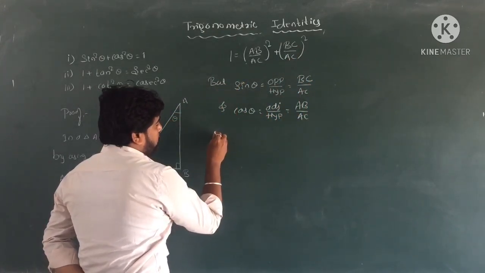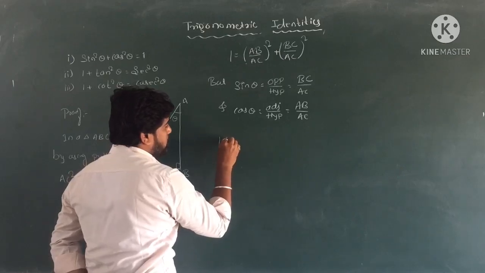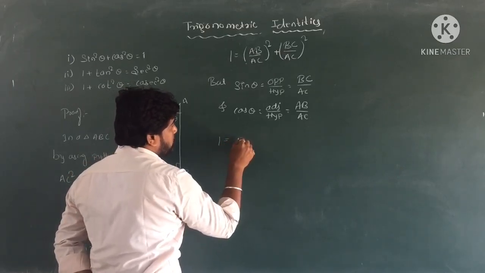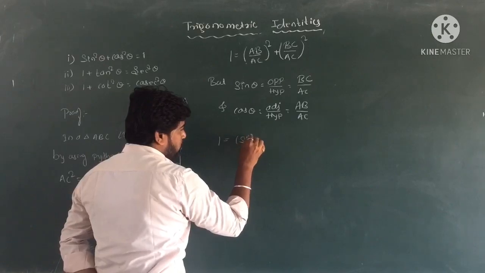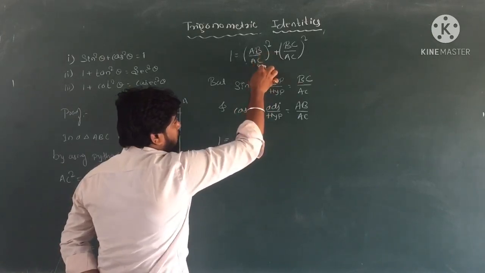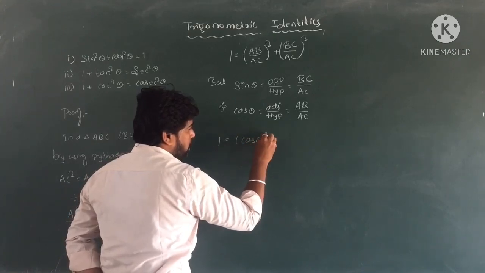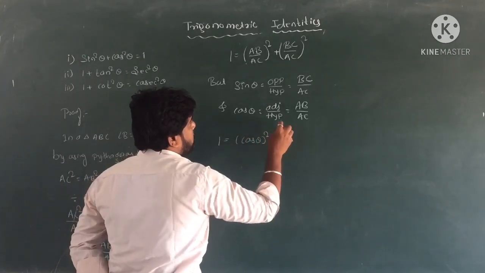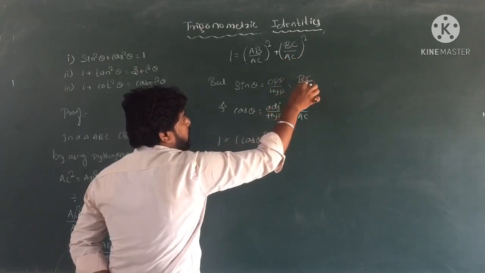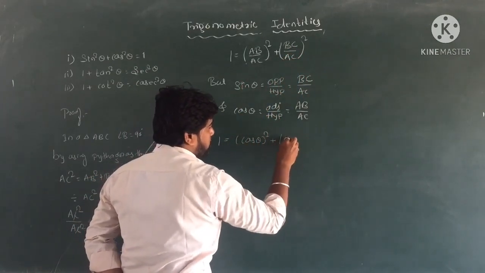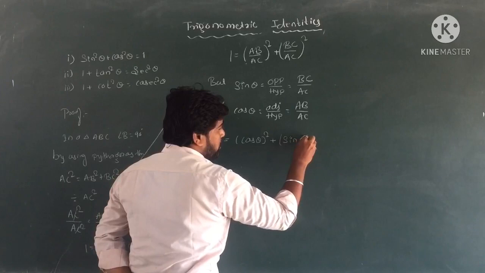So this equation becomes 1 is equal to (AB by AC, that is cos theta) whole square plus (BC by AC, that is sin theta) whole square.